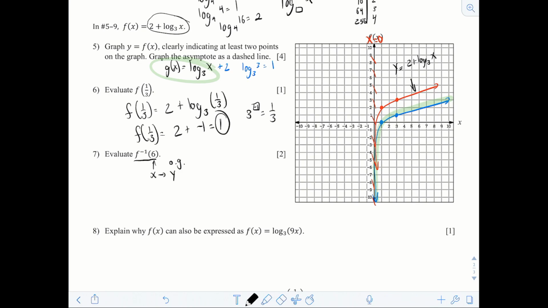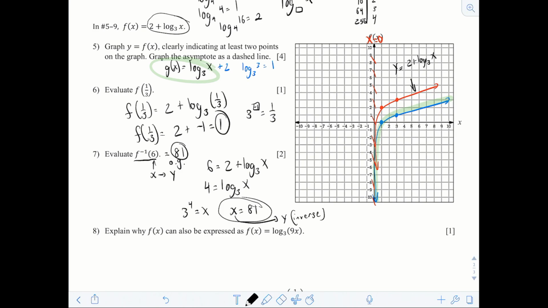So if I did this as 6 equals 2 plus log base 3 of x, subtract 2, I end up getting 4 is equal to log base 3 of x. Now base to the answer equals the inside, so x would be equal to 81. So that means this evaluation is going to be equal to 81, because this in turn is going to be the y value of the inverse, because they're switched.